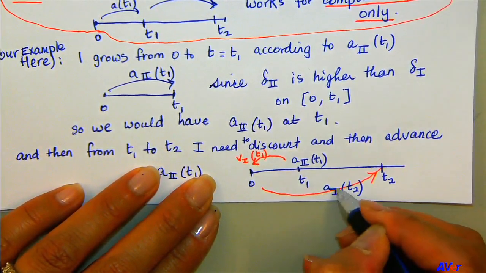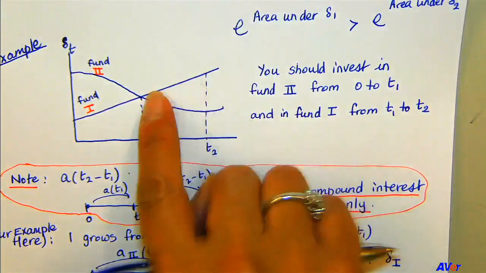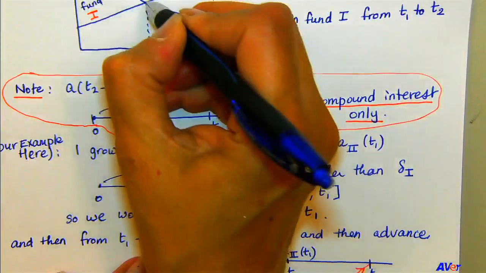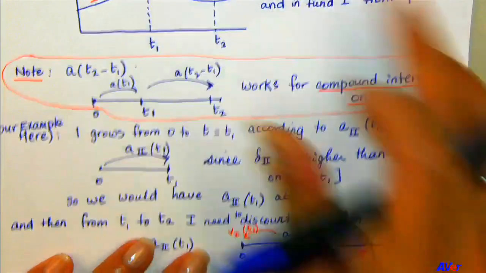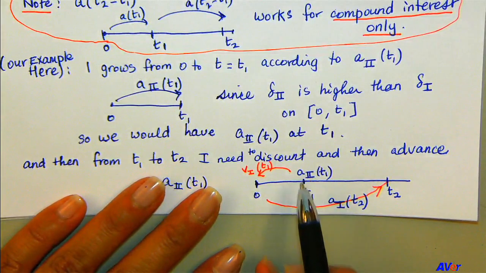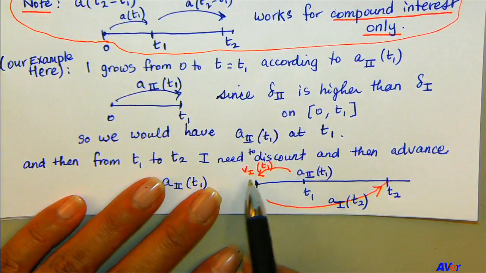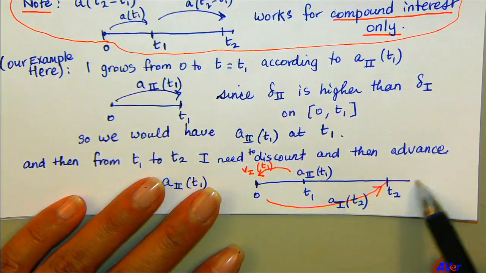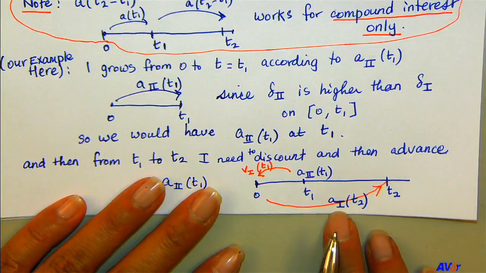So I'm saying that between time t1 and t2, the fund 1 function is higher. But if I have some value at time t1, this is not compound interest. So first I have to take this value, which is existing at time t1 because I grew it, and I need to discount it to time 0 and then advance it to time t2 based on the accumulation function 1.